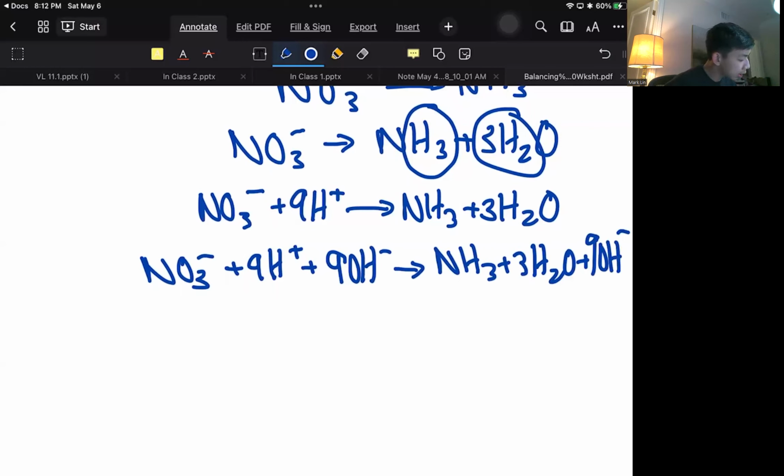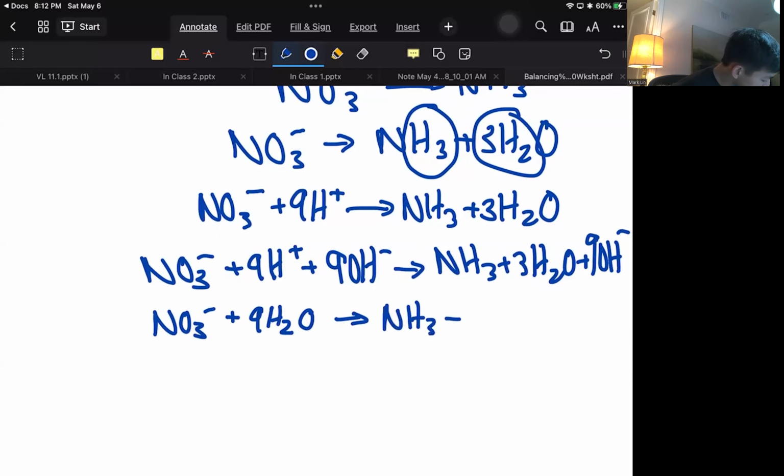So what we see here is that this H can combine with the OH to give you H2O: NO3 minus plus 9 H2O goes to NH3 plus 3H2O plus 9 OH minus.